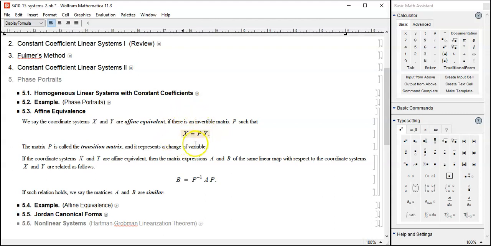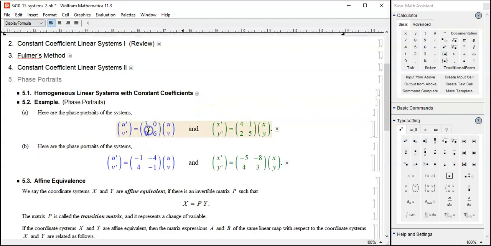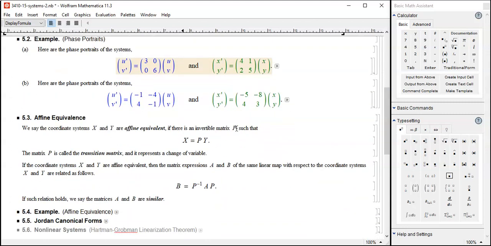And if two coordinate systems are related like this, then the matrices A, which is blue, and B, which is green, are related like this: B is P inverse AP, or maybe vice versa. If that happens, we say A and B are similar.